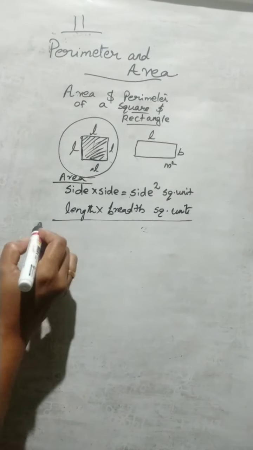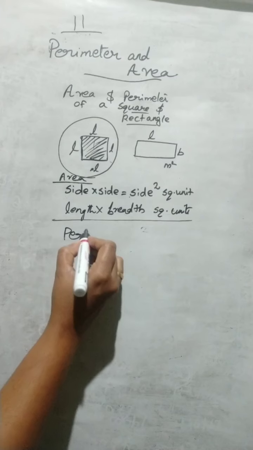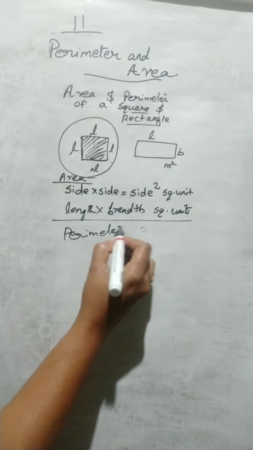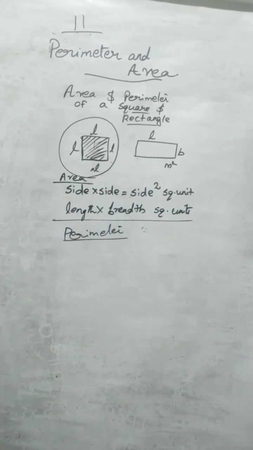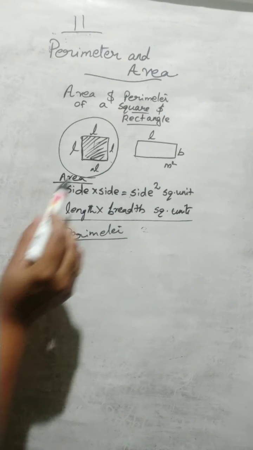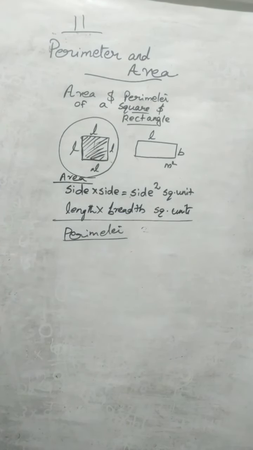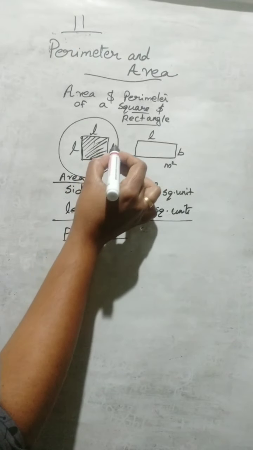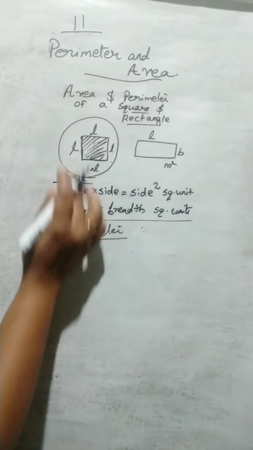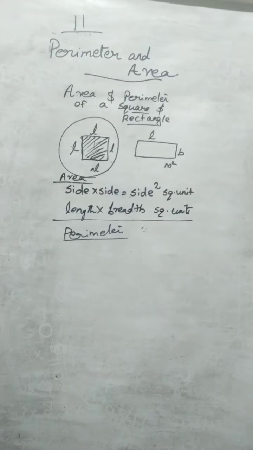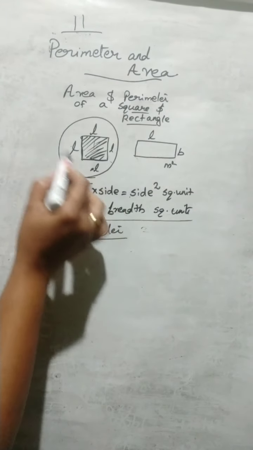Then for the perimeter, what is perimeter? Total length of the surroundings. Okay. Then L plus L plus L plus L, all sides are equal. How can we find the total length?